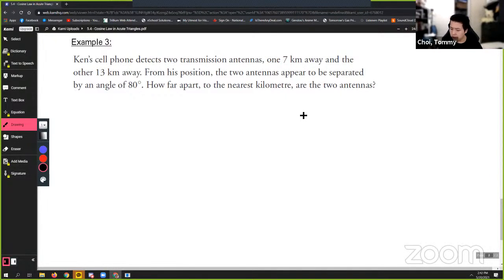What I would like you to do for the next 2 minutes on this question is to draw the diagram.